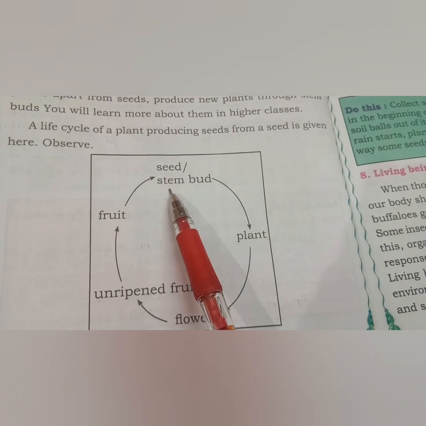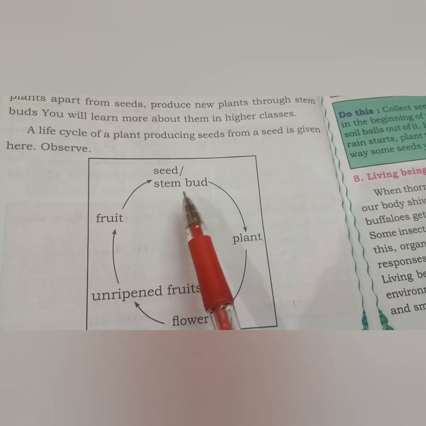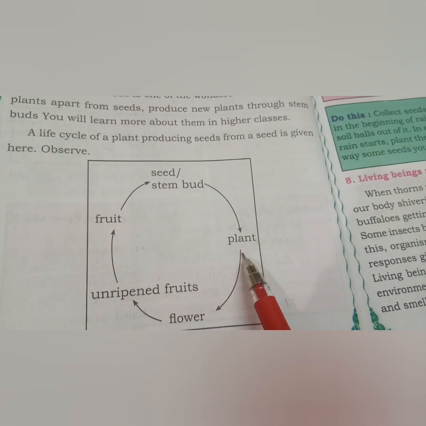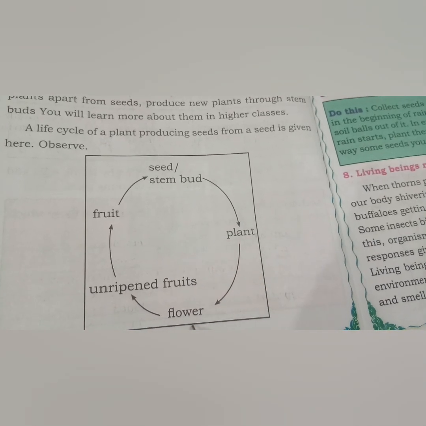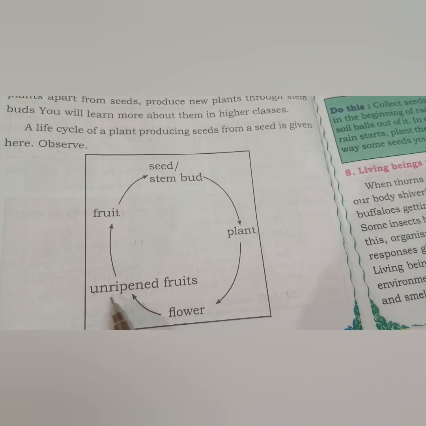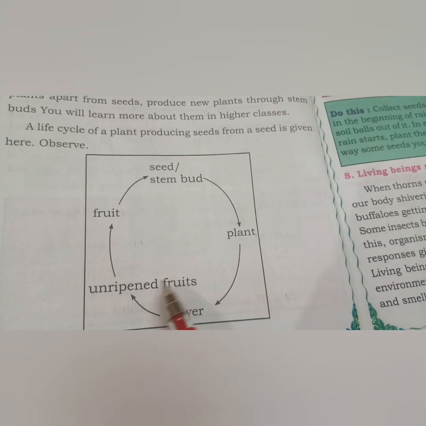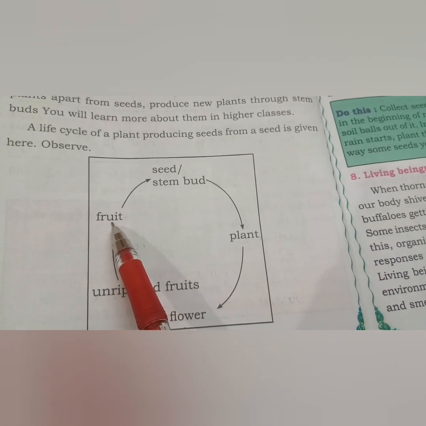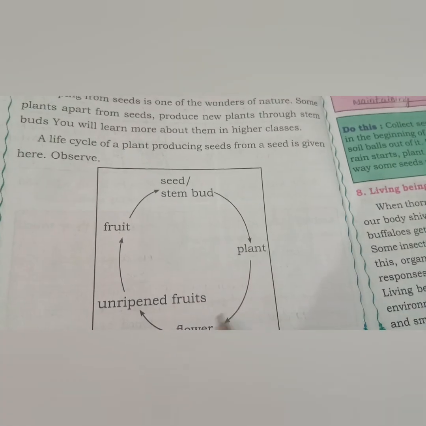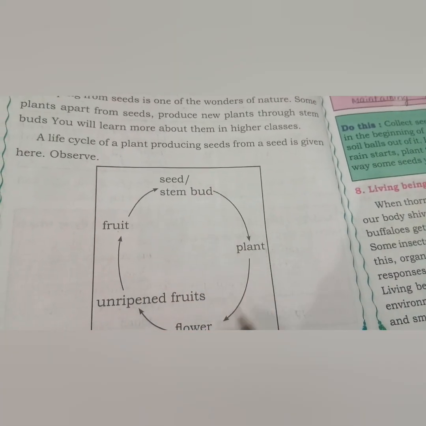Seed or stem bud. Okay, next it will become plant. Next it will become flower. Next unripened fruits. Next it will become fruits. Okay, this is the cycle for a plant.